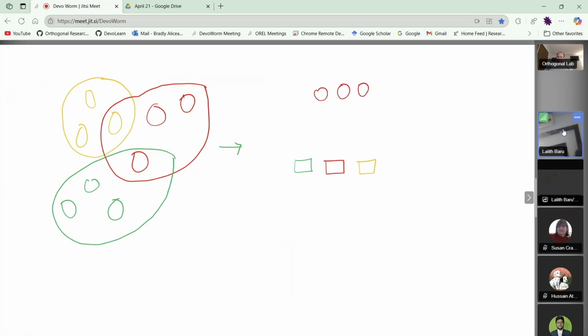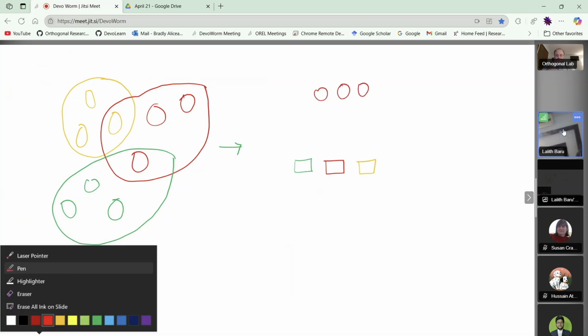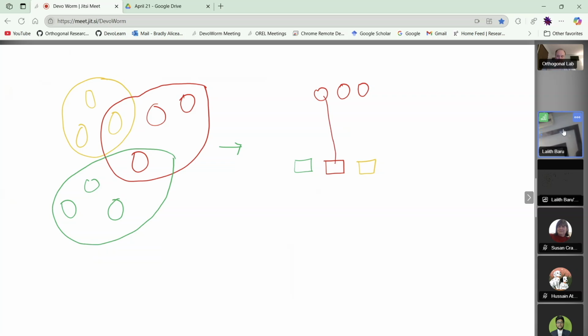Suppose these are the type of graph that we wanted to build. I'm drawing just a rough graph for intuition.